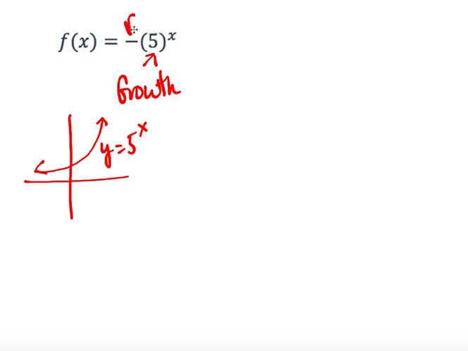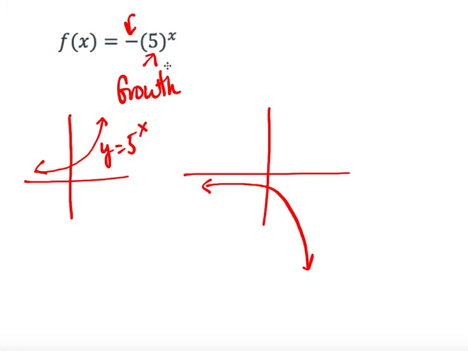And then I look at this. If it is in front, it flips it vertically this way, across the x-axis. This is not negated. If this was negated, it would flip across the y-axis. When it's in the front, it flips across the x-axis. So there you go. That's that function.